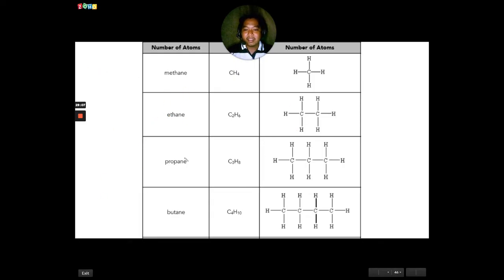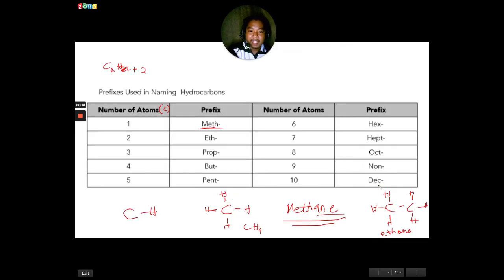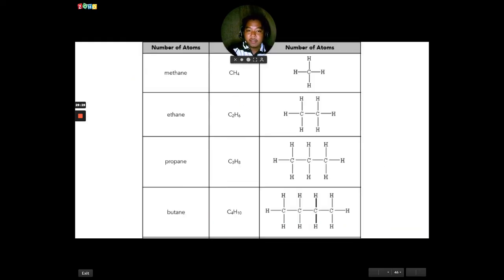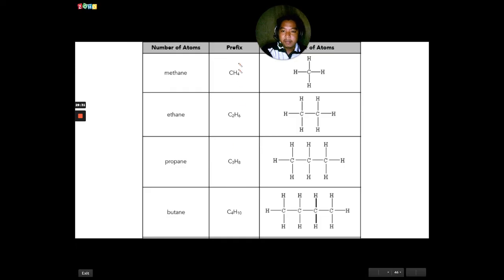Now, methane, ethane, propane, butane. 1 carbon, 2 carbon, 3 carbon, 4 carbon. Now, for the rest of the time, I want you to complete this table until decane. So, nonane, octane, heptane, hexane. Write the formula, mali ang nakasulat dito.